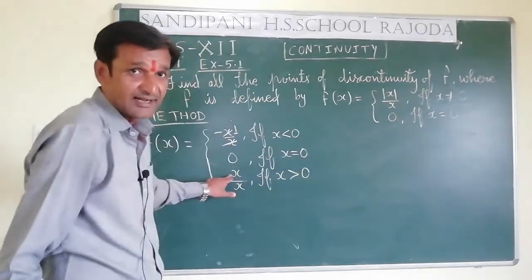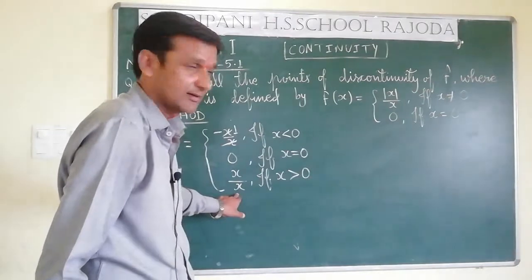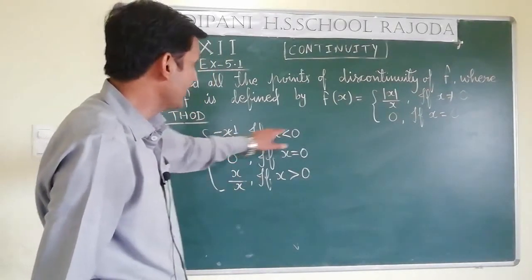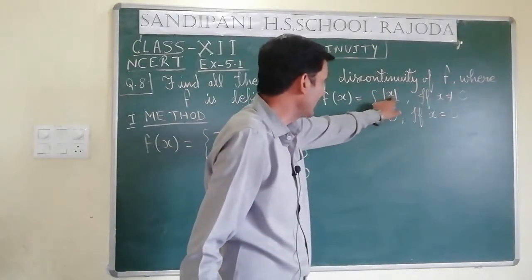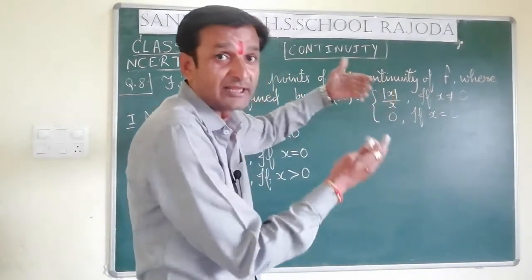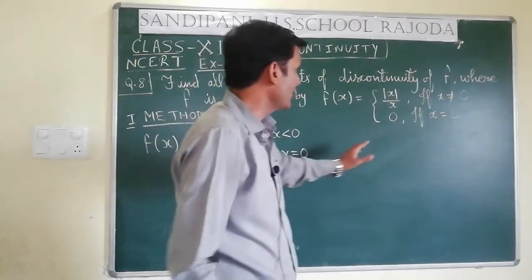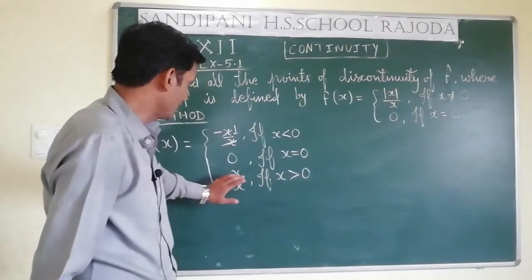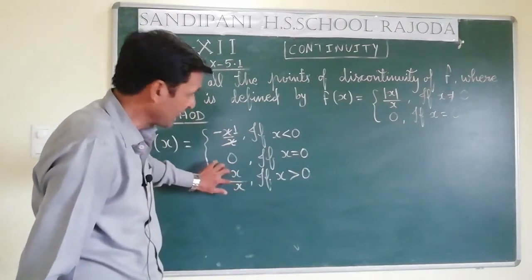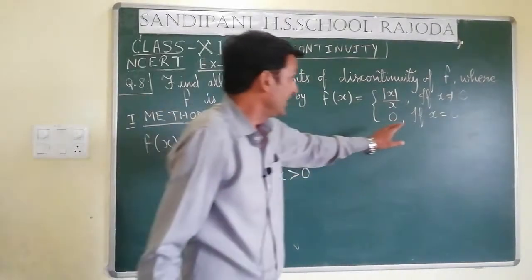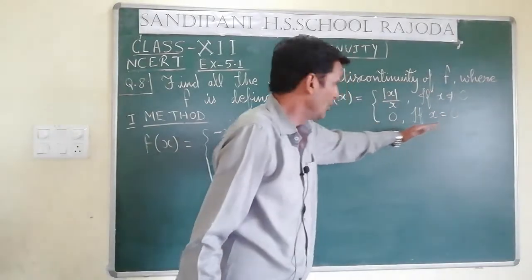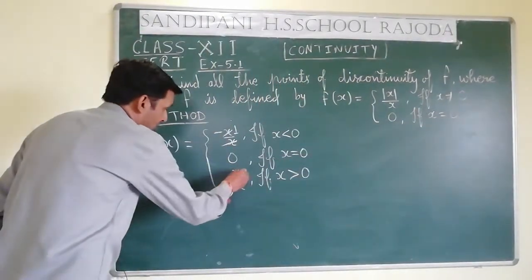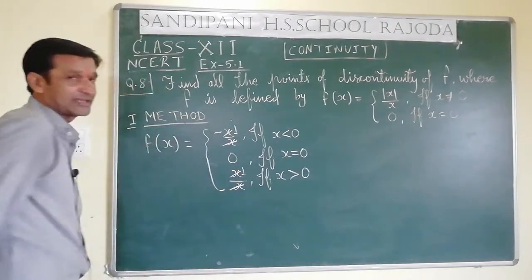So, it is well clear now that if we are taking less than 0, then in the modulus function we have to take the negative sign. In case of greater than 0, we have to write the positive sign, it is positive x upon x, and in case of x equal to 0 it is directly given 0. So, these terms also we have to cancel.